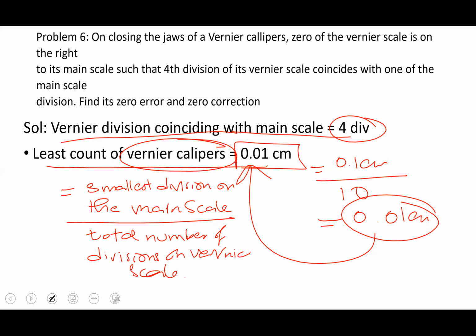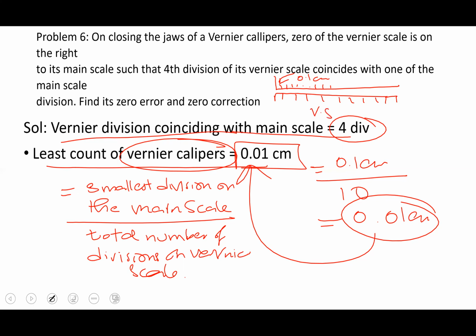Now, this is the concept. What do you mean by the smallest deviation? That means if they are in centimeters, then the smallest deviation on the main scale is 0.1 centimeter. And how many deviations are there on a vernier scale? We can say 1, 2, 3, 4, 5, 6, 7, 8, 9, and 10. So these are the total deviations on the vernier scale.